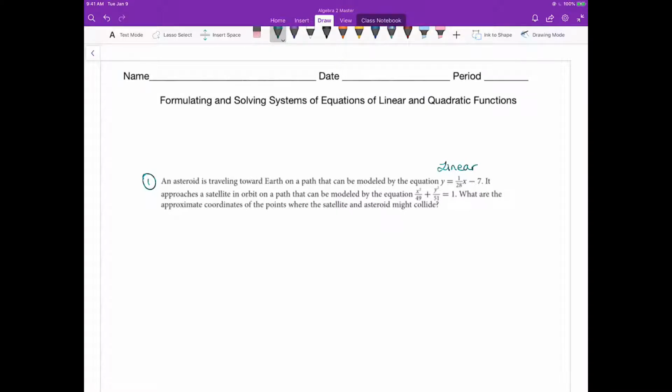It approaches a satellite in orbit on a path that can be modeled by the equation x squared over 49 plus y squared over 51 equals 1. This equation has squared portions in it, so I know that this will be my quadratic equation. Even though if we were to graph this, it would be an ellipse.